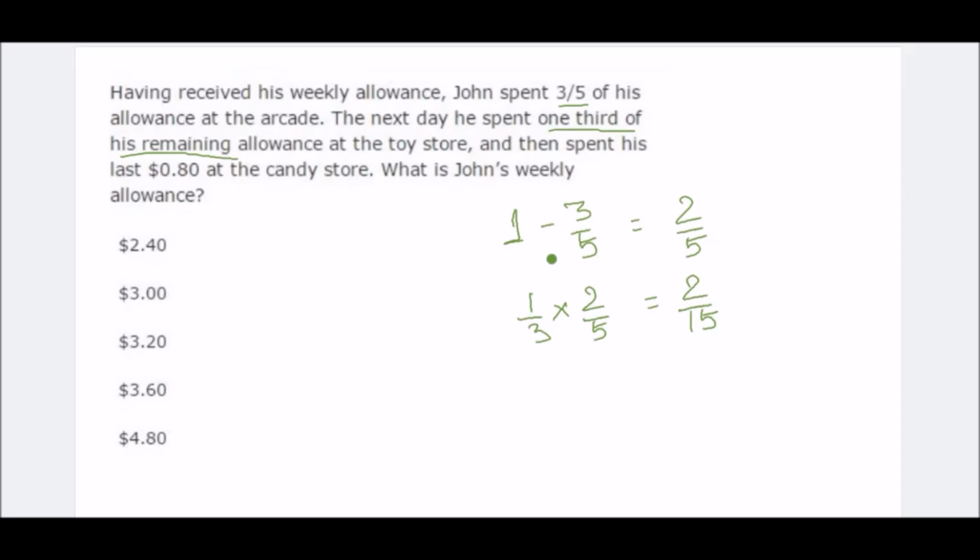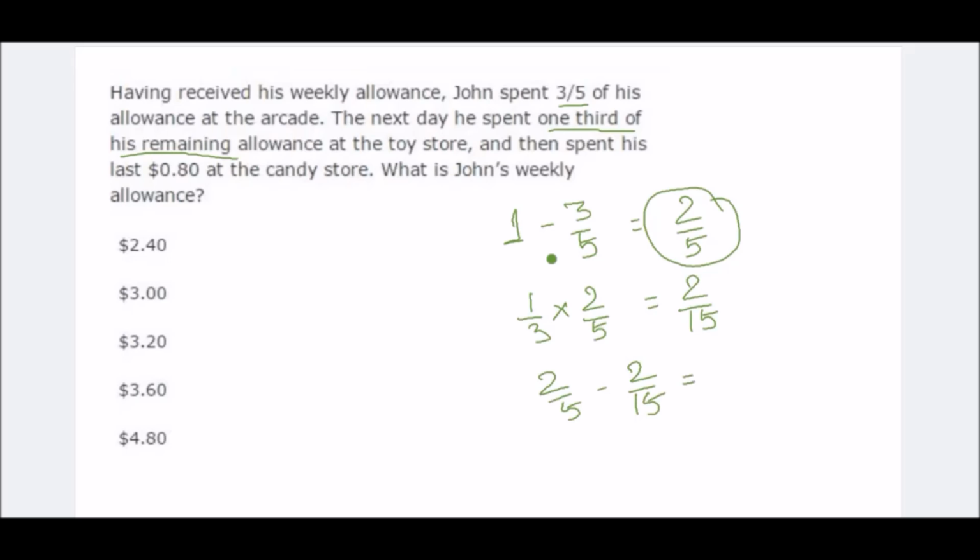And he spent his last, meaning the remaining amount, at the candy store, that is $0.8. So first we have to find the remaining value. We have to subtract from 2/5 the value 2/15.